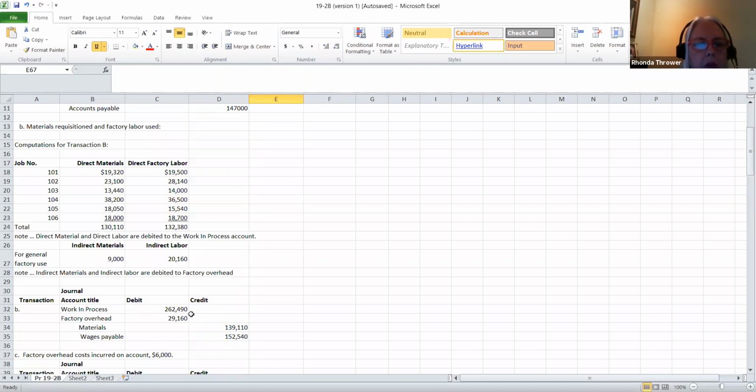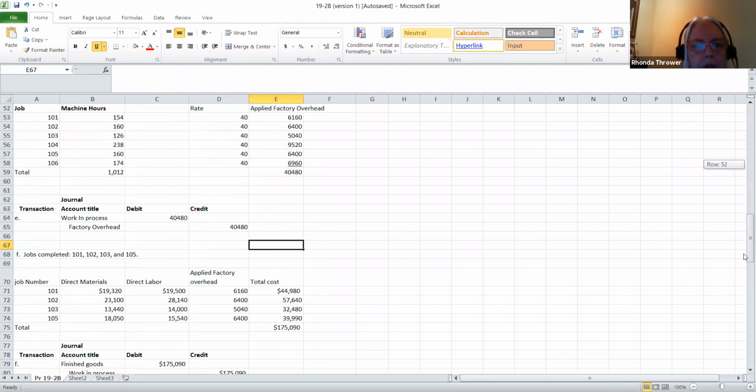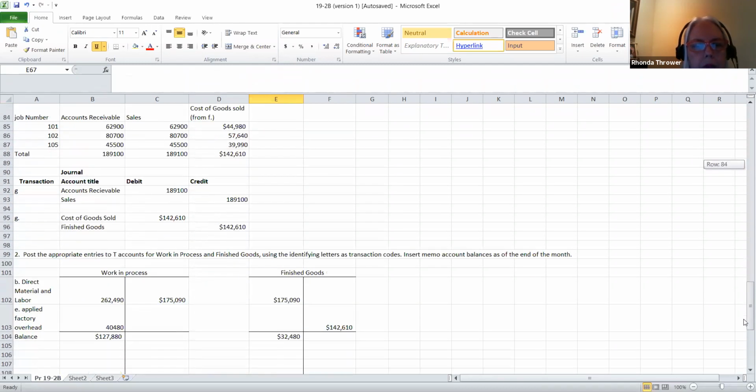Notice that we debited work in process for $262,490. The direct materials and the direct labor are debited to our work in process, which is the left side of the T account. Remember, work in process as an asset is going to increase on the left side.